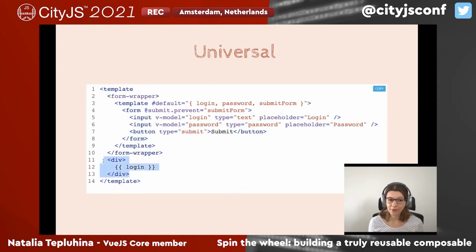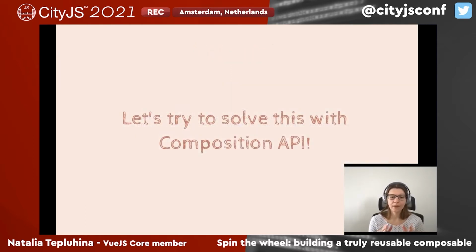I cannot expose login anywhere in the template. I cannot use login in the different reactive options of the component, not in data, not in computed, not anywhere. That's why the Composition API was created as a good way to have a flexible, universal logic abstraction.